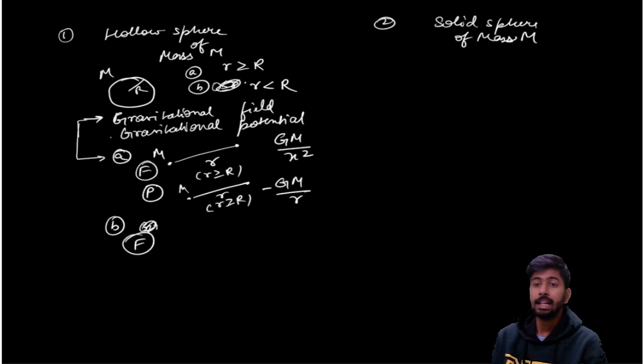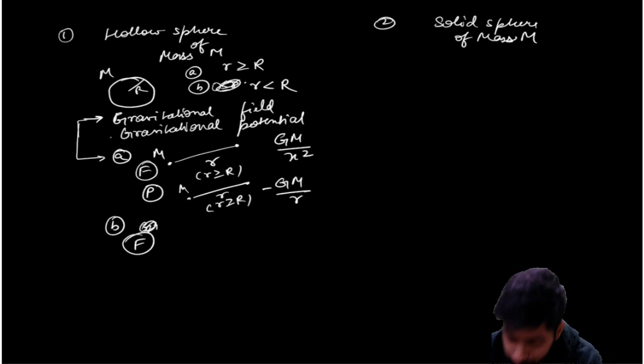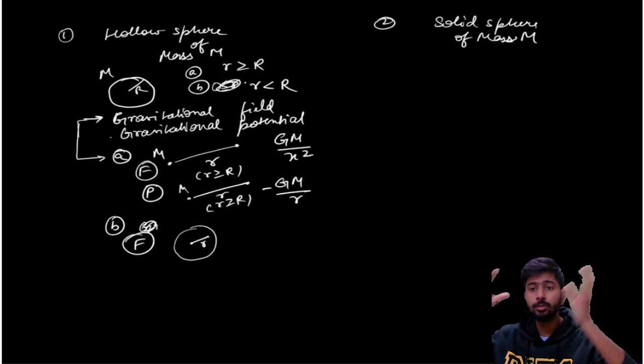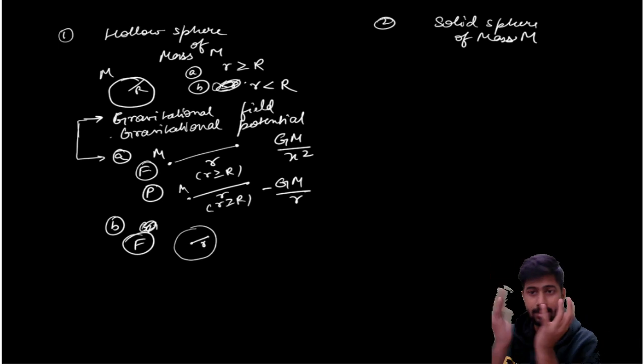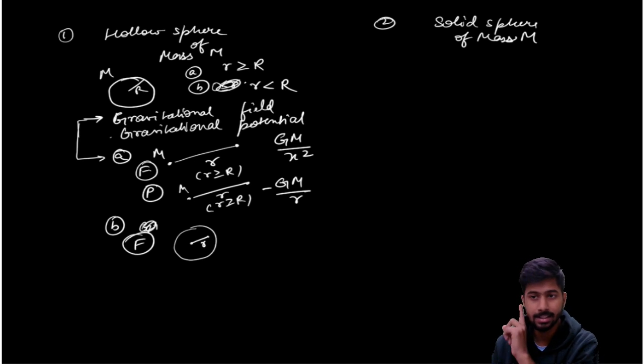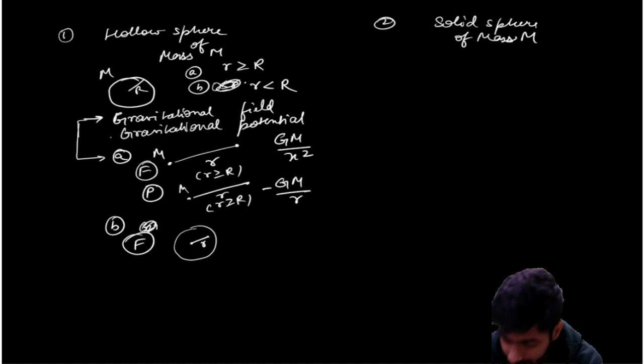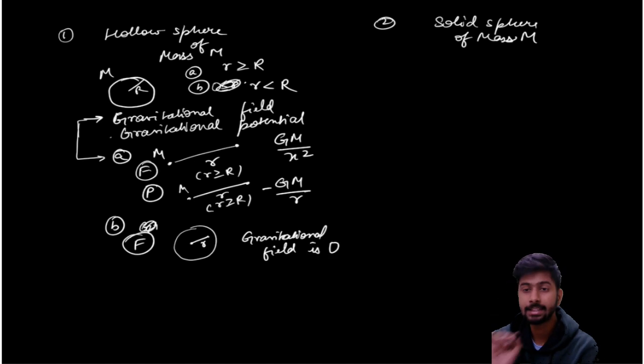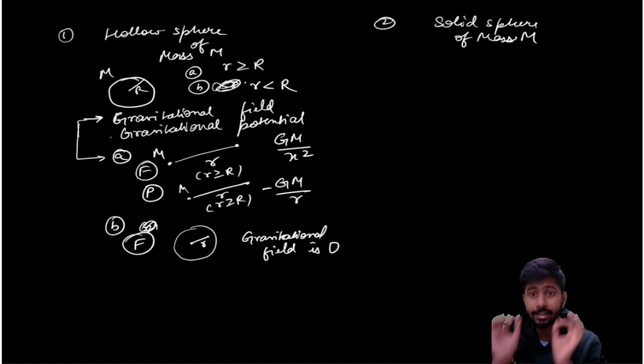Now, if my distance is less than R, can I assume this mass to be concentrated at the center if this is a hollow sphere? The answer is no. I will say gravitational field is simply zero if it is a hollow sphere of mass m, not if it is a solid sphere.